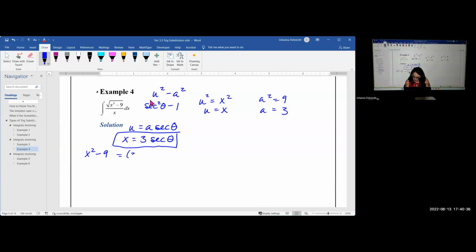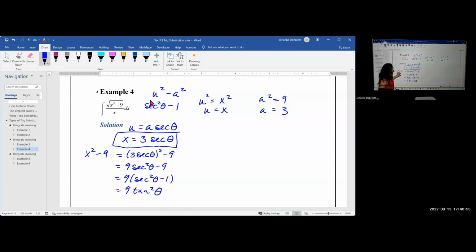So x squared becomes (3 secant of theta) squared minus 9, which becomes 9 secant squared of theta minus 9, which is 9 times (secant squared of theta minus 1), which is 9 tangent squared of theta. Again, going from 2 terms in terms of x to 1 term in terms of theta.